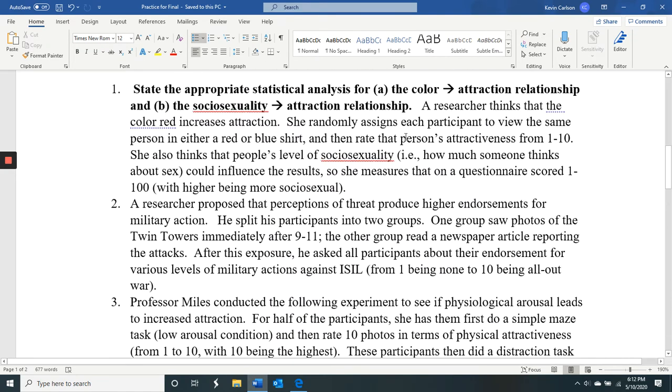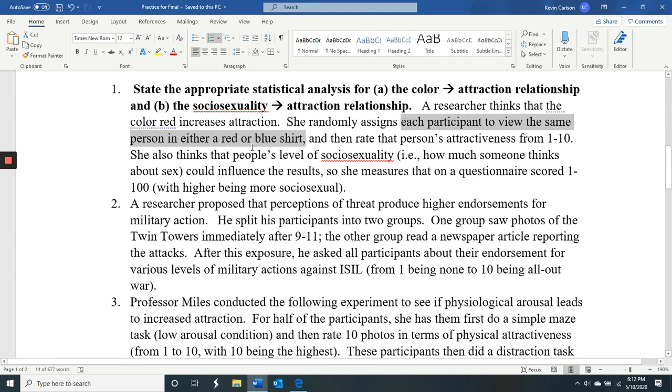So when we look at color, it says each participant is going to view the same person in either a red shirt or a blue shirt. This is between subjects.